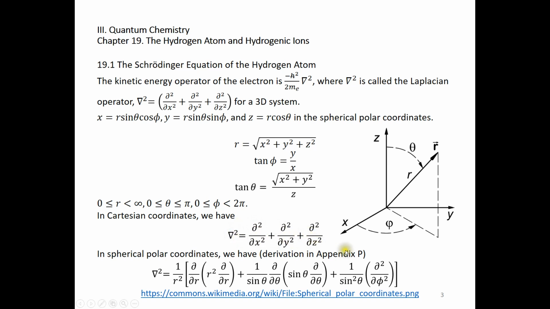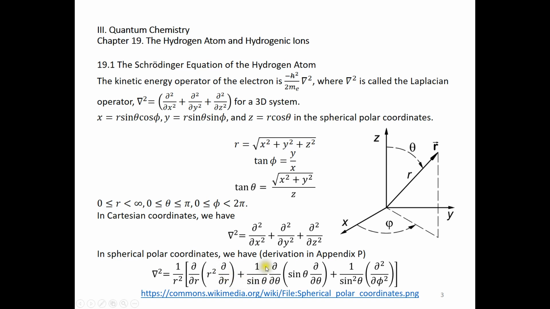However, if we simply use the Cartesian coordinates to solve the Schrödinger equation for the hydrogen atom, we'll get nowhere. We have to resort to the spherical polar coordinates. In spherical polar coordinates, we have the Laplacian expressed as this: 1 over r squared times the sum of three terms. The first term is delta over delta r of r squared delta over delta r.